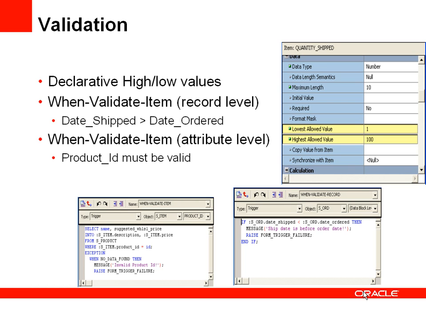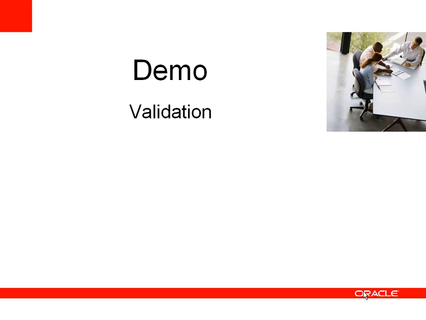For example, date shipped must be greater than the date ordered, so you can't order something after it's shipped. And validation such as ensuring product ID was valid. Those are two simple examples of forms triggers where we had to write code to perform that functionality. So how could we do the same validation triggers in the ADF application? Let's hand over again to Lynn to show this part of the demo.